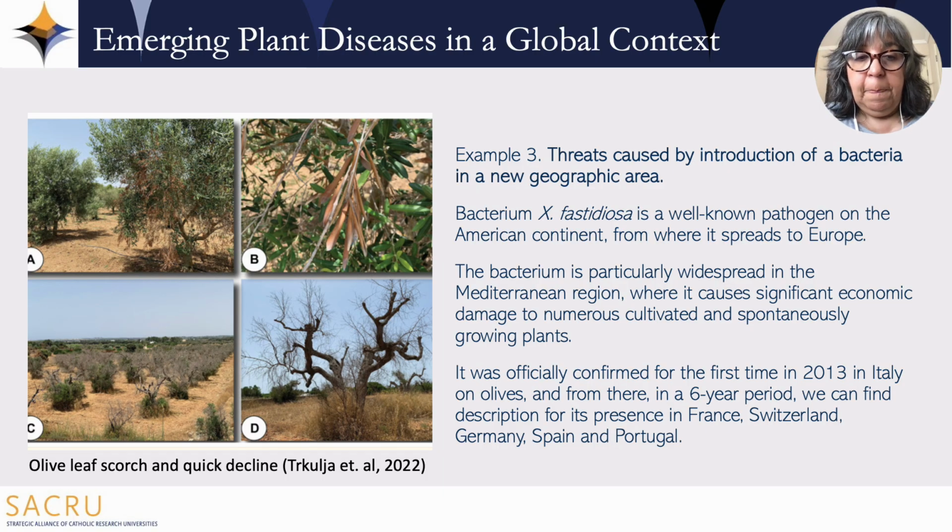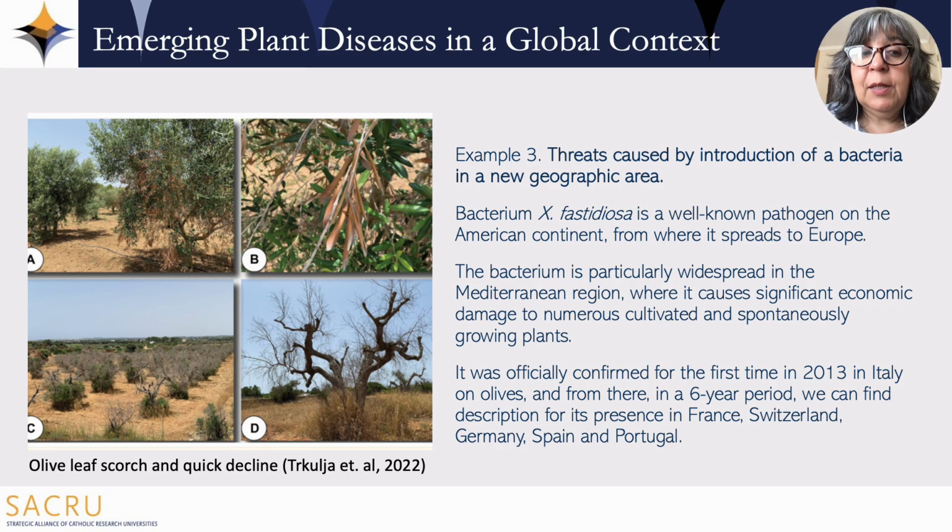What happened after it was officially confirmed for the first time in Italy in 2013 is that from there, in a 6-year period, we know at this time that this bacteria is present in France, Switzerland, Germany, Spain, and Portugal.